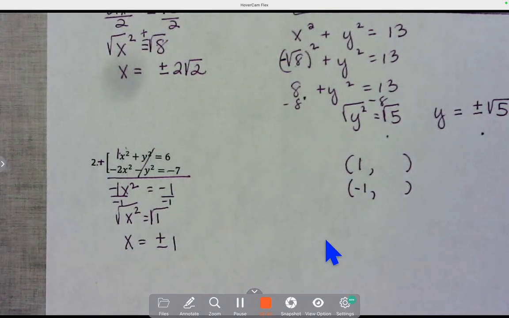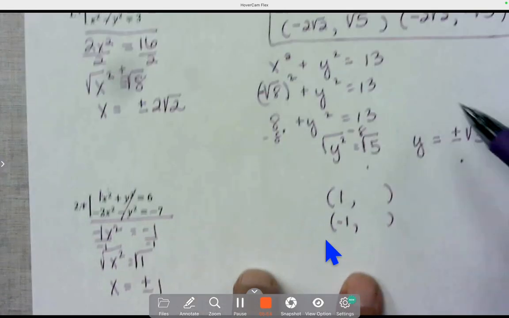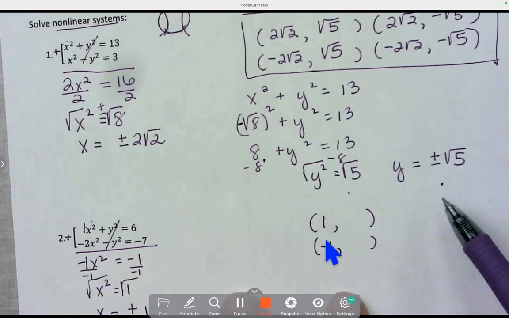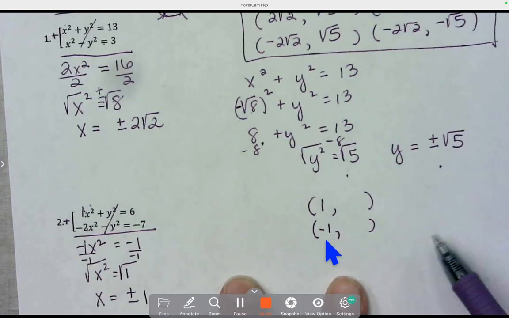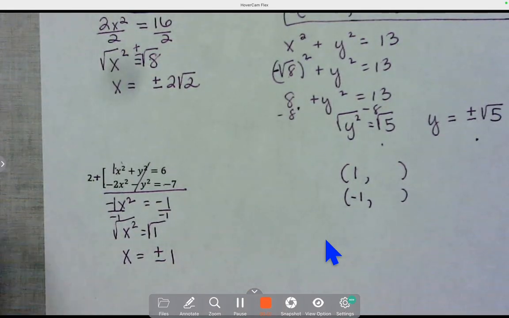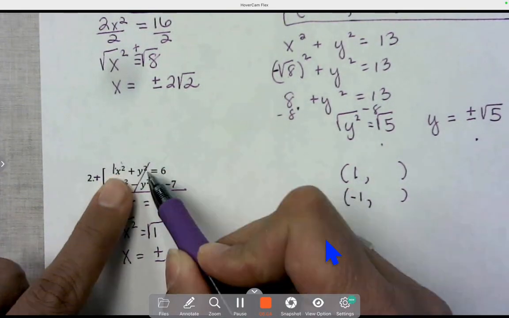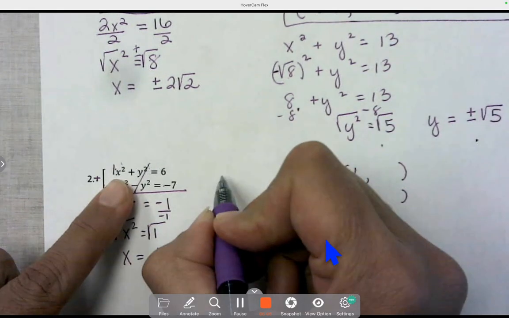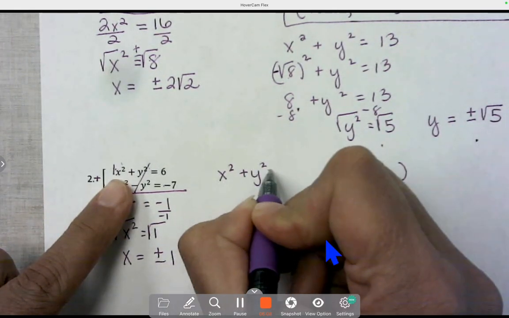So now to find the y value, I have to plug in 1 in one of those equations. Don't automatically think because this had 4 solutions that everything has 4 solutions. You know, you have to do the algebra to make sure it makes sense. So we're going to plug in 1. We could do the first or the second. I'm going to do the first. The x squared plus y squared equals 6.